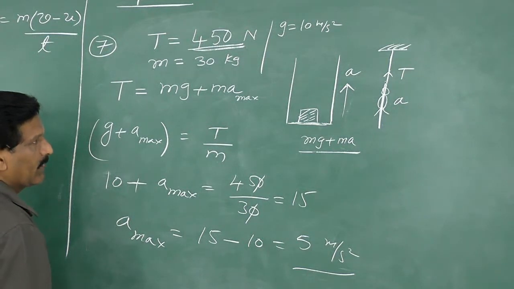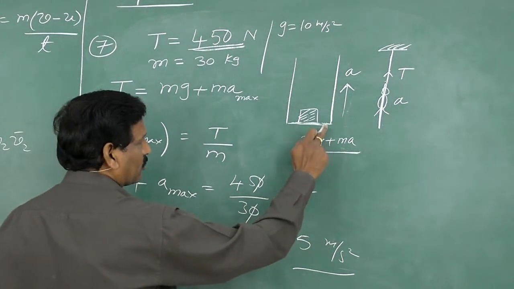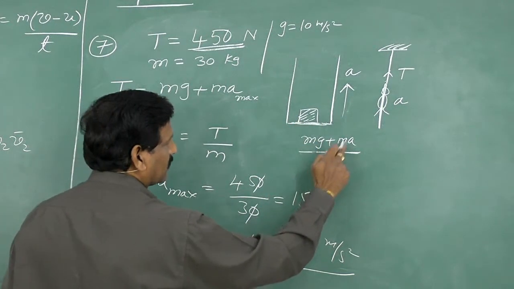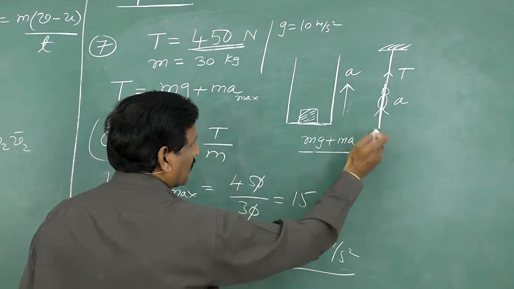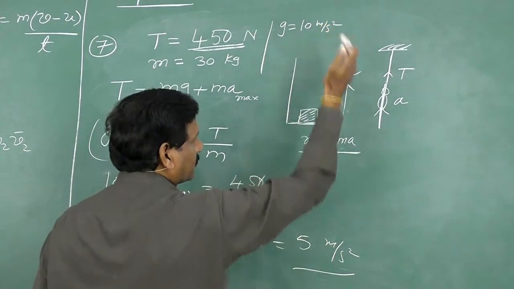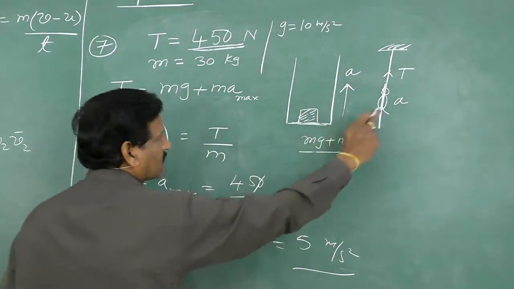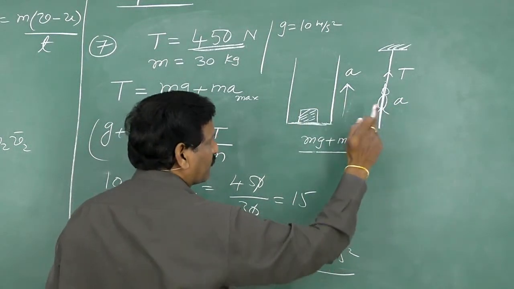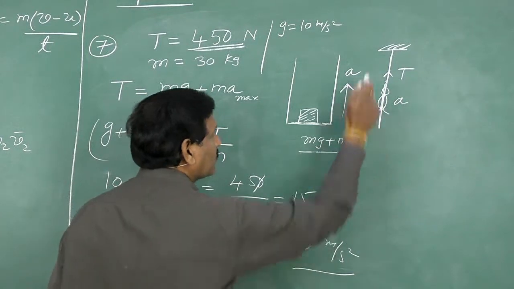Force exerted by the floor of the lift on the body is mg plus ma. Similarly here, when the man climbs the rope, moving like this, with an acceleration a, then the man applies a force of mg plus ma on the rope.